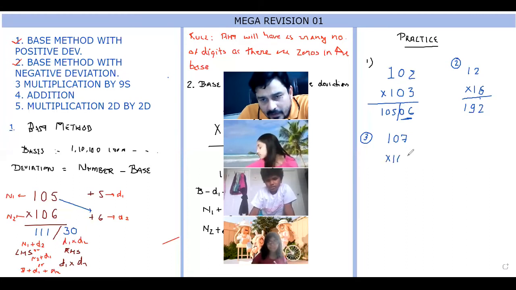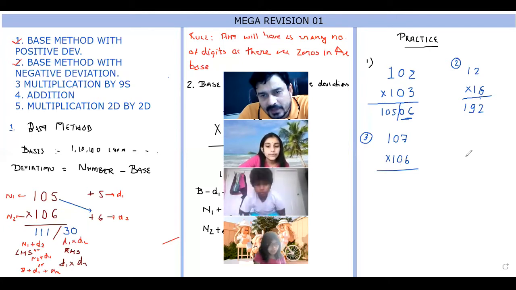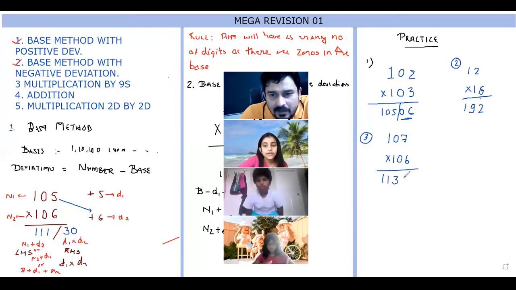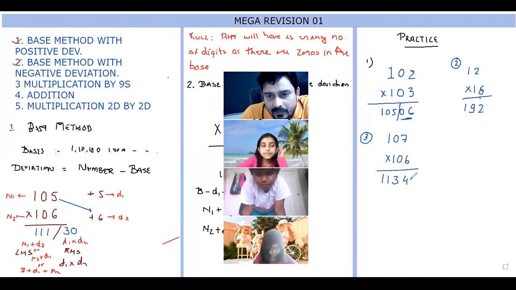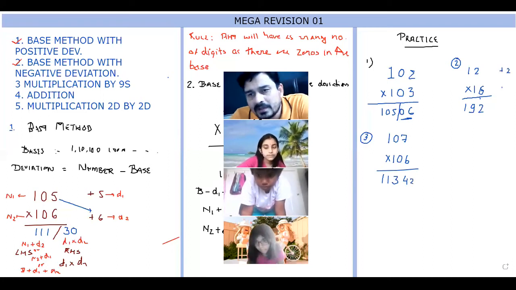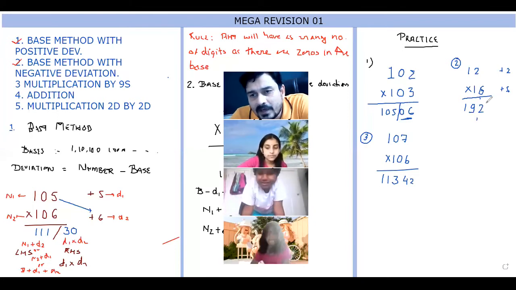Okay, next question. 107 times 106. 11342. How did you get that 192? This is 2 and 6. 6 times 2 is 12, but I will write 2 and 1 will go as carry.